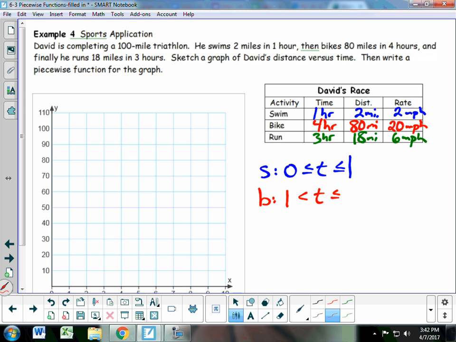And then it's less than or equal to another 4 hours, so 1 plus 4 brings us to 5 hours. And then for the run, the 5 hours just ended, and now he's going to begin his run, and he's going for another 3 hours, so that ends up at 8 just for his run.